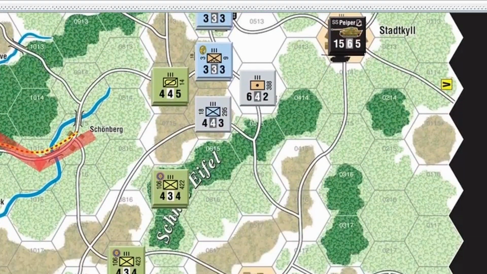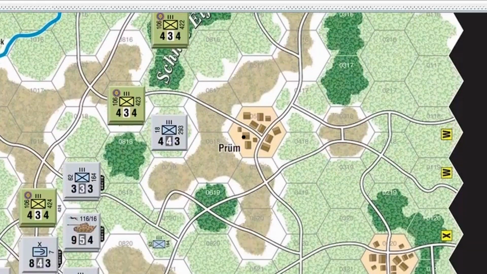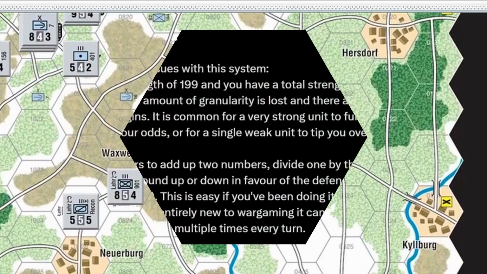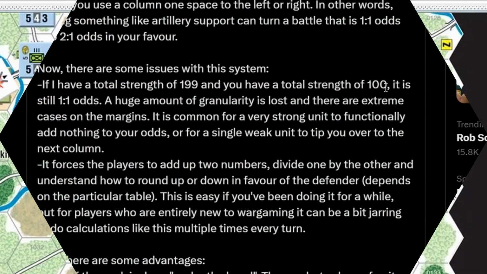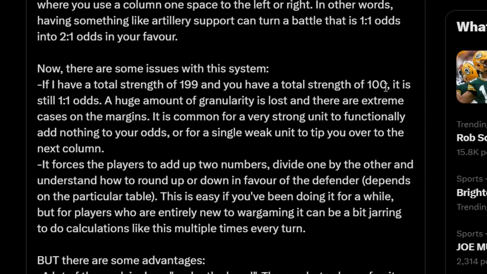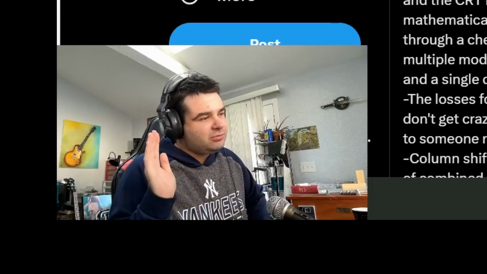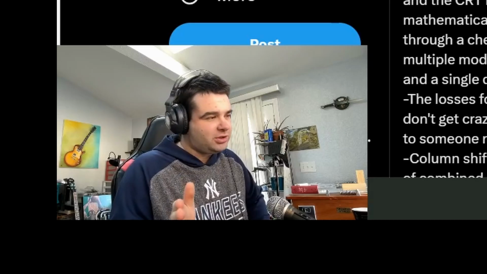And it's also not to say that you can't get a column shift outside of just your raw strength. Systems that are trying to emphasize the importance of something like air support might be more inclined to have 1-to-1 odds as the baseline, except in extreme cases where one side extremely outnumbers the other. I think the most important column in any game is the 1-to-1 column.